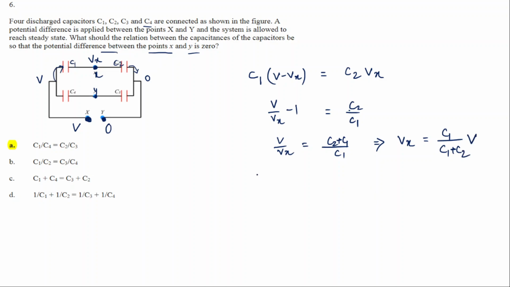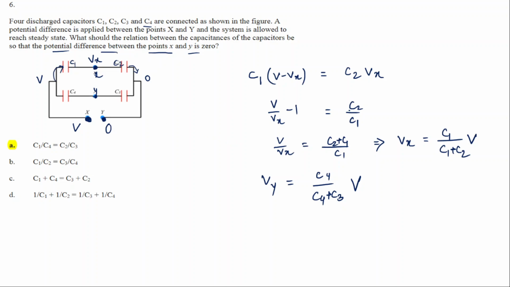Similarly we can find out Vy, which becomes C4 divided by (C4 plus C3) times V. Given the relation, the potential difference between the points X and Y is 0.